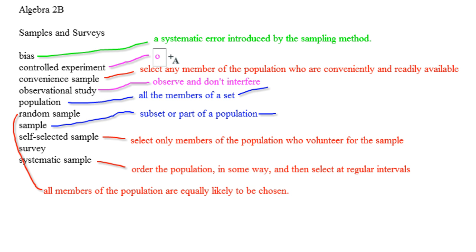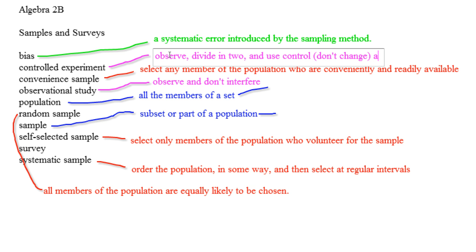So that one is observe, divide into groups, and use a control, which is, in other words, you don't do anything to that group. Don't change. And the other group, I guess, you take charge of the other group.